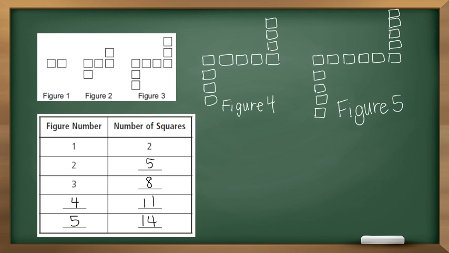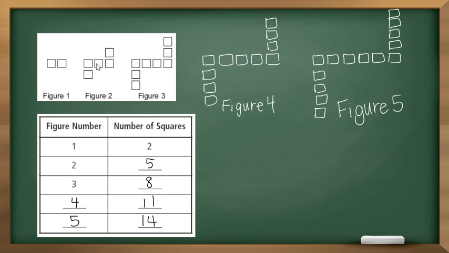But for the number of squares, we might notice a pattern there that each time there are 3 more squares, which hopefully makes sense. I don't know exactly how it might look to you, but we might see it as having 2 added onto the sides, and then having 1 added in the middle.